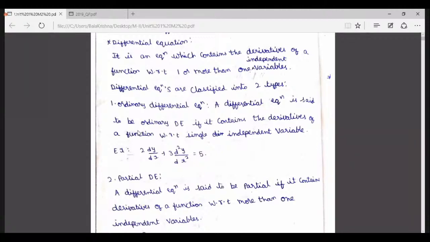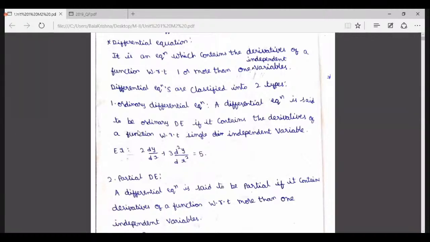Differential equations are classified into two types, that is ordinary differential equation and partial differential equation. In our syllabus we are having the ordinary differential equation. A differential equation is said to be ordinary if it has the derivative of a function with respect to a single independent variable.